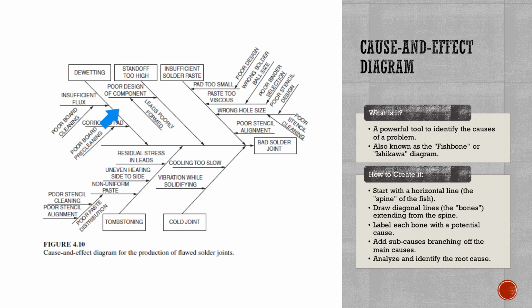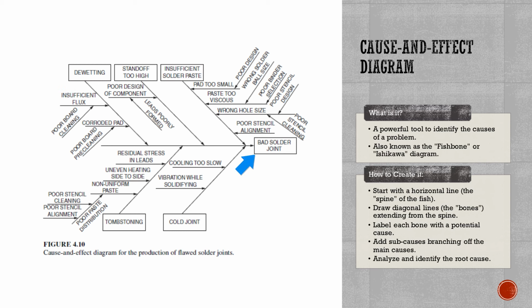So this is our diagonal line; the major diagonal lines become the bones of the fish. And third, label each bone with a potential cause. So this is the spine, this is the bone, and for each bone we label the potential cause of that problem.